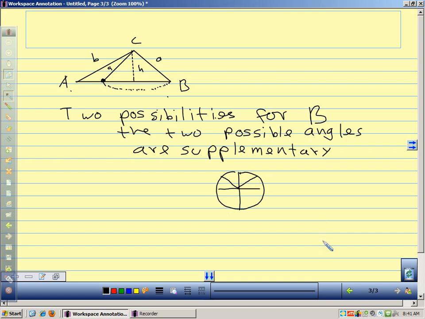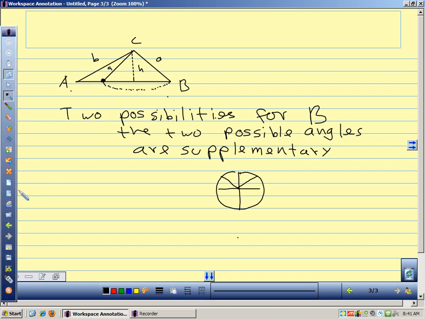Any questions before we go on to the examples? So remember, with angle side angle or angle angle side, the law of sines is always going to give us one triangle. When we have side side angle, that's when we have to be careful about the different cases that we would have.